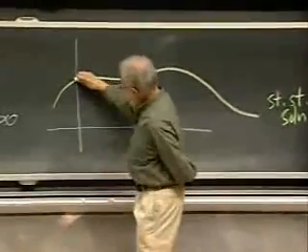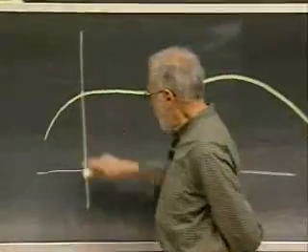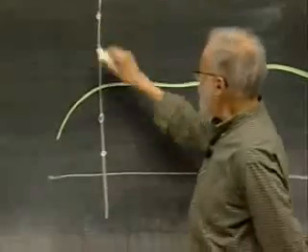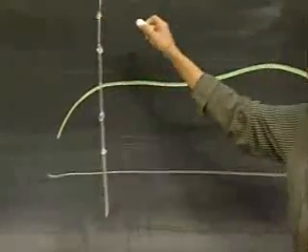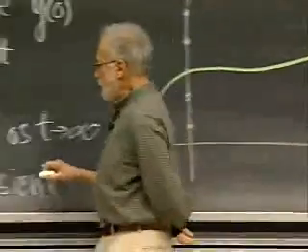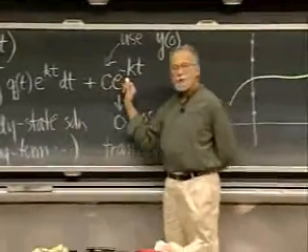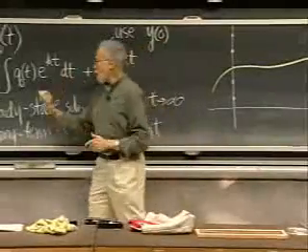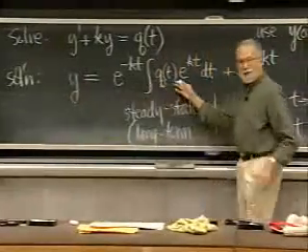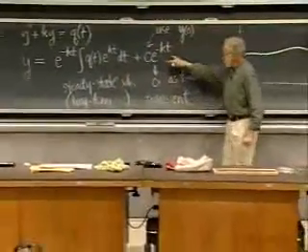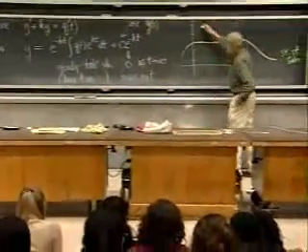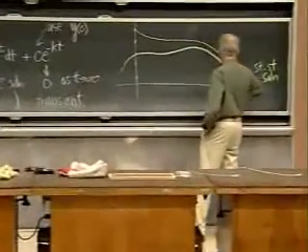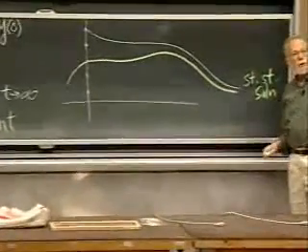What do the other guys look like? Well, the steady state solution has this starting point. Other solutions can have any of these other starting points. So in the beginning, they won't look like the steady state solution, but we know that as time goes on, they must approach it, because this term represents the difference between the solution and the steady state solution. So this term is going to 0, and therefore whatever these guys do to start out with, after a while, they must follow the steady state solution more and more closely.